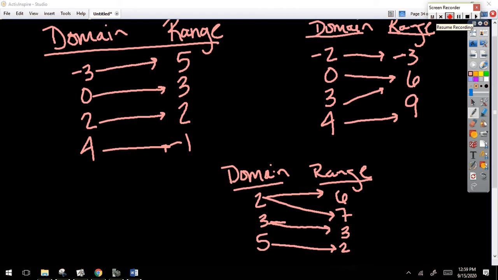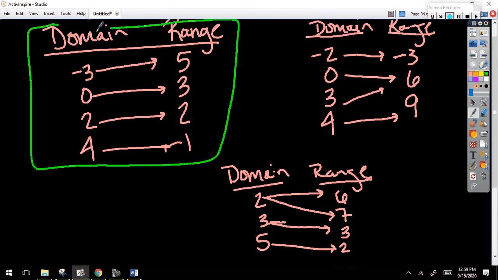All right, here's what I want to look at first. Does every X value only have one Y that goes with it? No. So look at this one. Does every X only have one Y? Yes.